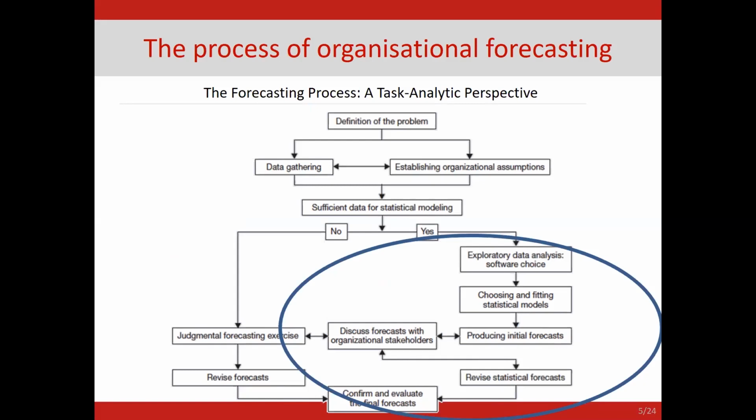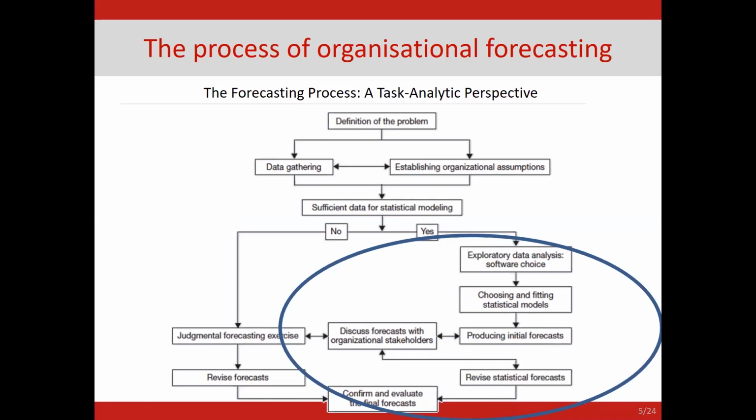Again, we'll respond if you've got questions on that. But once you've got a given data set or a potential data set, you want to understand that data, and then you've got to choose a class of model from a wide variety these days of possible models before you produce the initial forecasts.